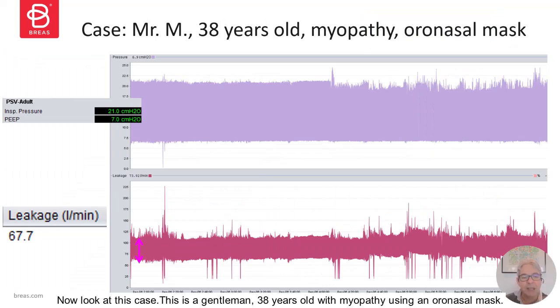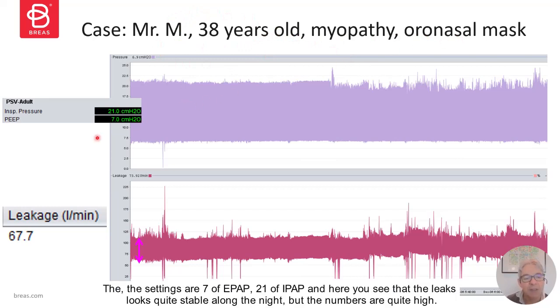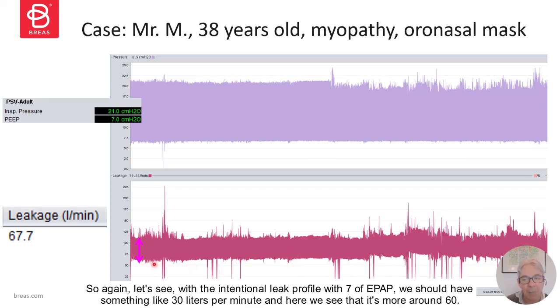Now look at this case. This is a gentleman, 38 years old, with a myopathy using an oronasal mask. The settings are 7 of EPAP, 21 of IPAP. And here you see that the leaks look quite stable along the night, but the numbers are quite high.